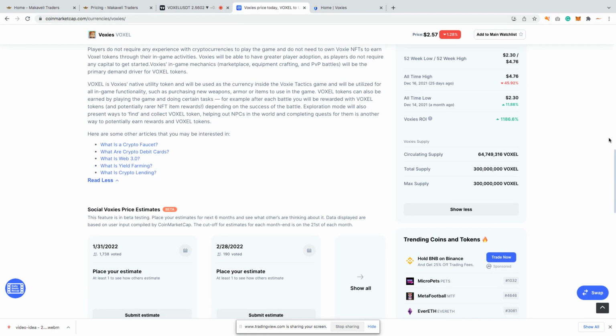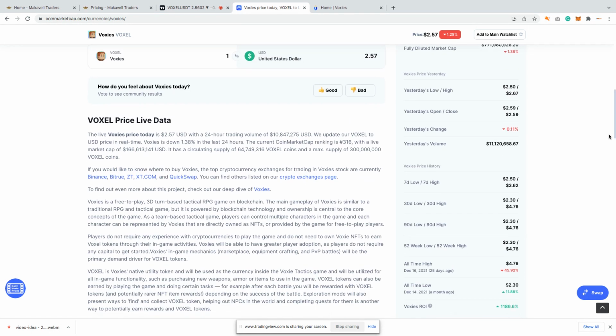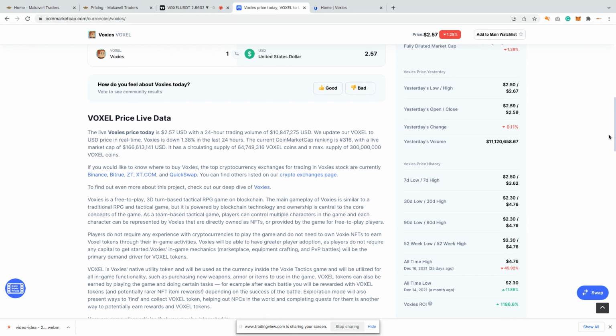According to CoinMarketCap, Voxels is a free-to-play 3D turn-based tactical RPG game on blockchain.